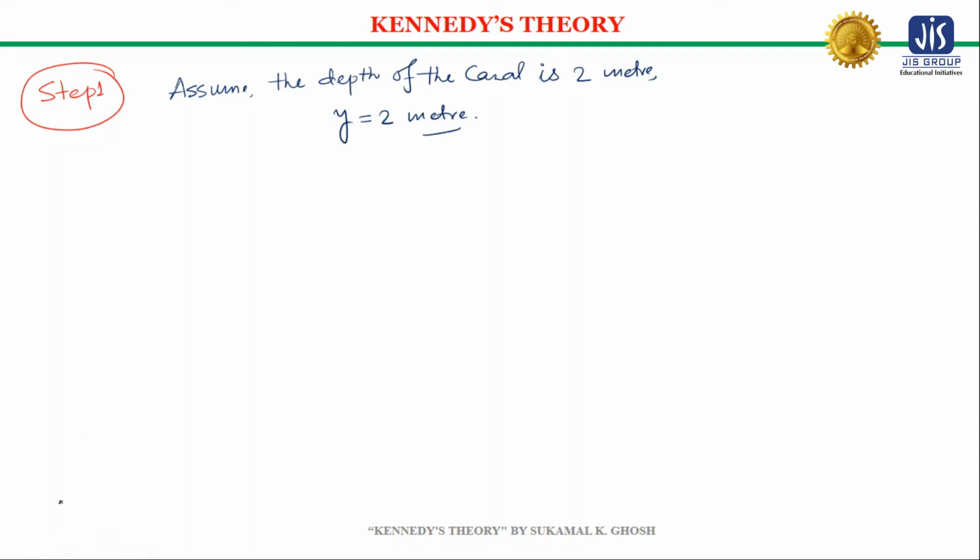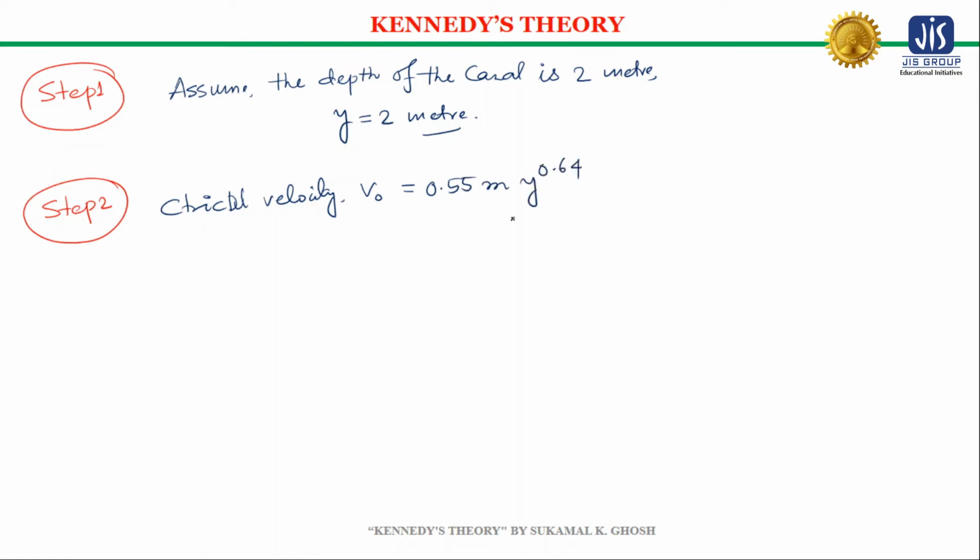What was our step 2? Step 2 was to calculate the critical velocity V naught. From Kennedy's formula, V naught is equal to 0.55 into m into y to the power 0.64.